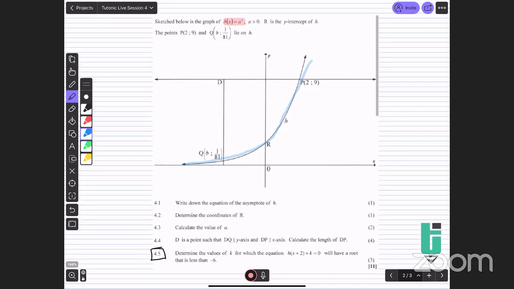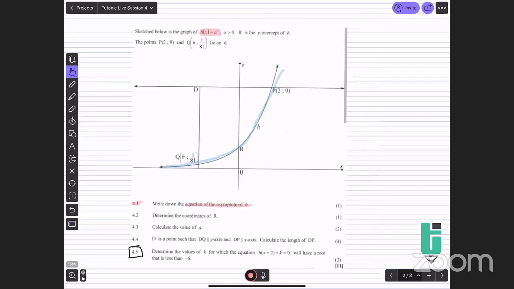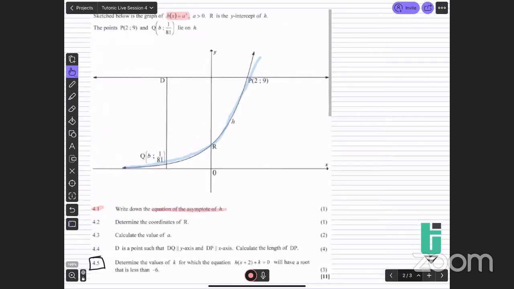In 4.1, they're asking what is the equation of the asymptote. It's not correct to say that the exponent is the asymptote. h of x is equal to a to the power of x, that's the equation of the graph, but they're asking what's the equation of the asymptote.